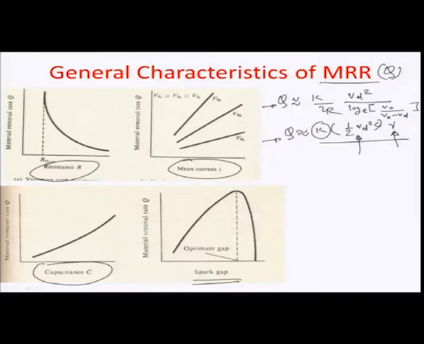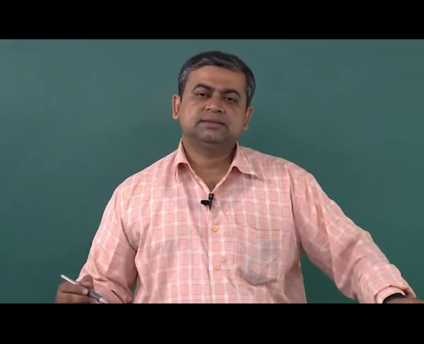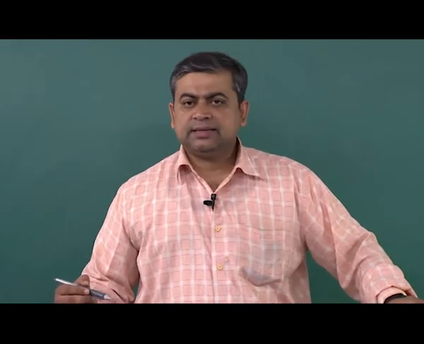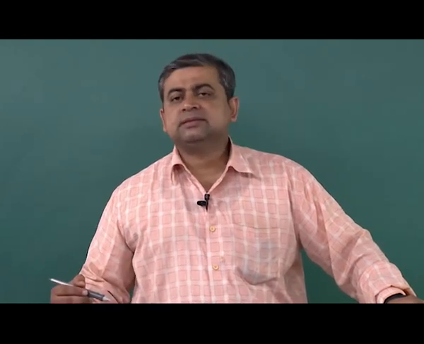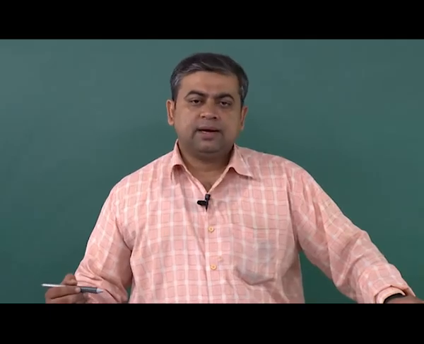So, if we look at the various aspects in these two equations, we will have different trends. For example, as you can see, it is an inverse variation with resistance. With an increase in resistance, the MRR goes down, obviously from this equation. As we already discussed before, the relaxation circuit is supposed to have a minimum critical resistance, particularly as far as the discharge gap is concerned, because if the resistance is very small, there may be arcing instead of sparking, and it may be a continuous phenomenon, which is not really conducive to the EDM process.